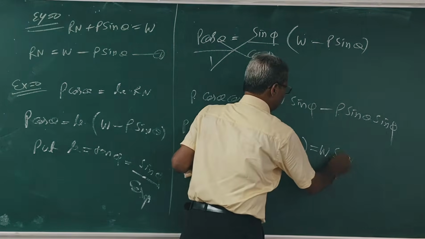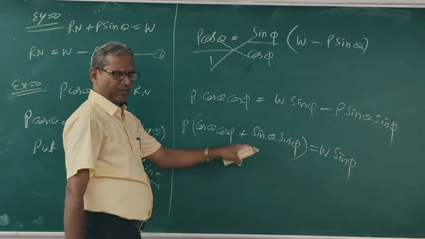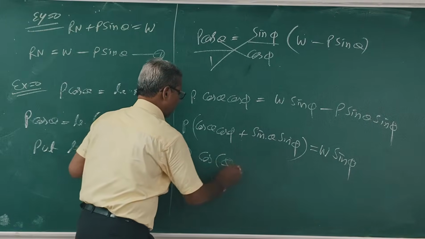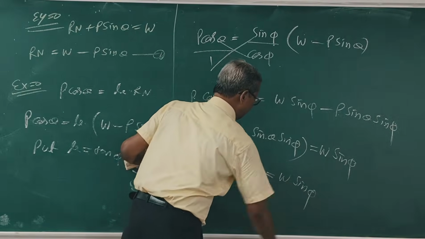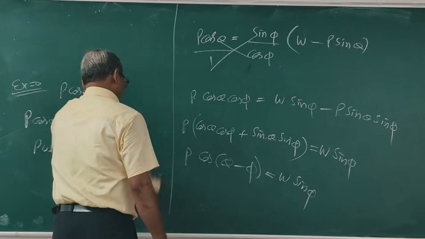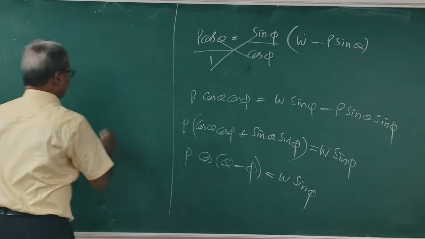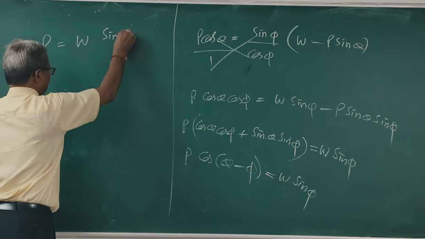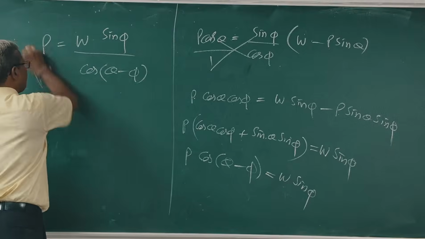Cos A cos B plus sin A sin B is cos of A minus B. So P into cos of theta minus phi is equal to W sin phi. So P is equal to W sin phi by cos of theta minus phi.